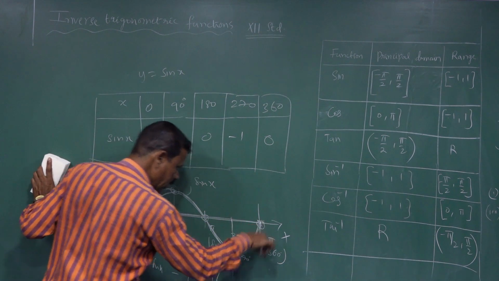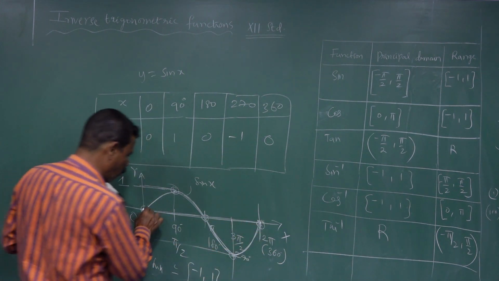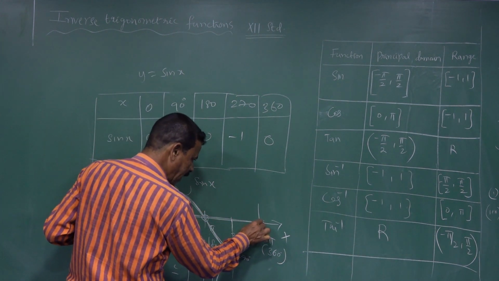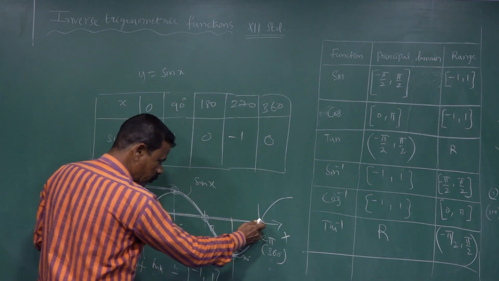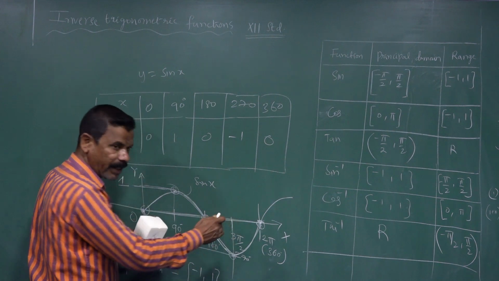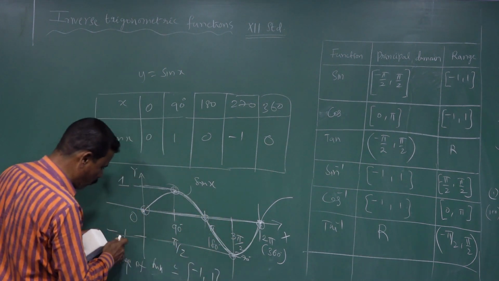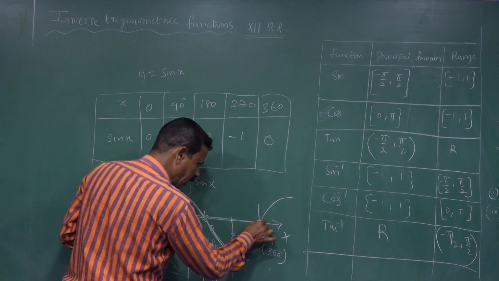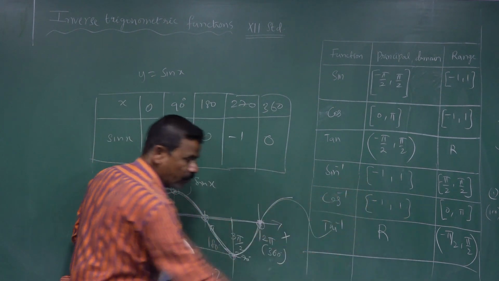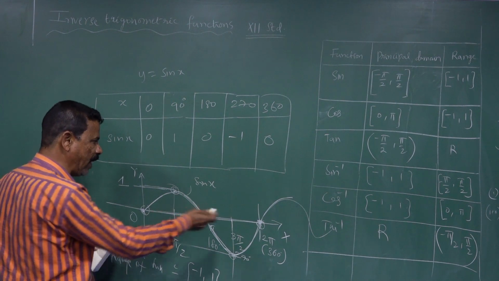In this 0 to 360, one cycle is finished. Again it starts from here, and up to 2π another cycle is completed. In this, the minimum and maximum are minus 1 to plus 1. Again the cycle starts from 360 continuously like this. So many values are there.